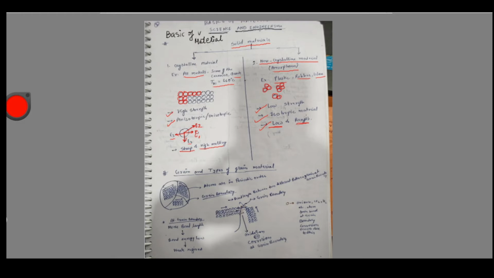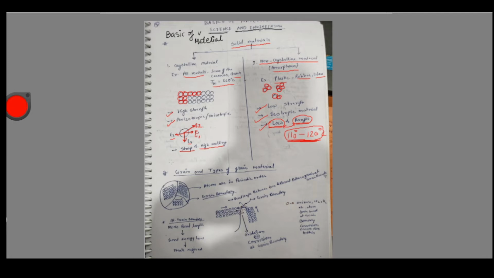It is not sharp. The temperature will be in a range like 110 to 120 degrees centigrade. So it is not a particular temperature, it is in between a range of temperature. So the melting point is low and in a range, not fixed.